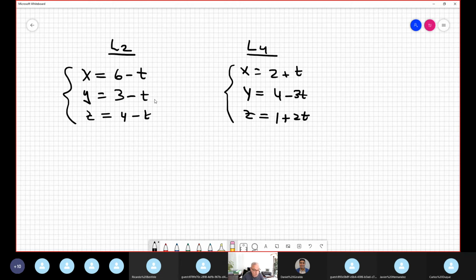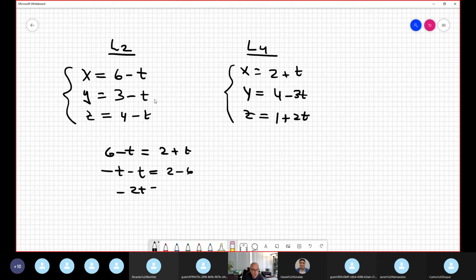Okay, here again, I start at the beginning because I have no idea, no? So I try, for example, to understand if it's an intersecting line or not. So I put the equation for x, which is 6 minus t, and force it to be 2 plus t. When I try to solve this equation, wow, what the hell happened here? Well, this is minus t equal to minus 6.